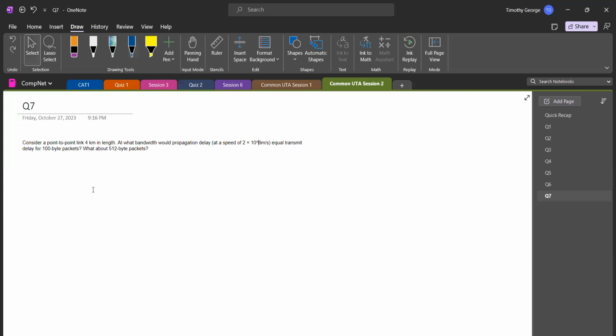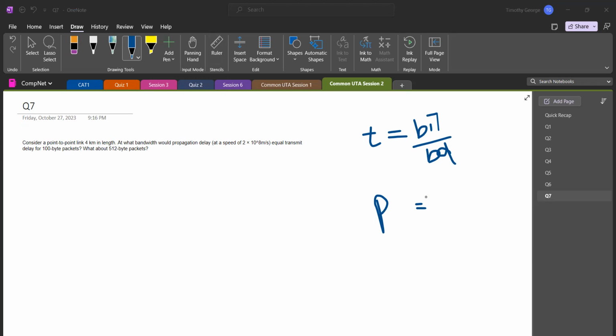So let's recap what we had done. Even in the previous session, we did a similar question. What exactly is transmission delay? You have the number of bits and you have the bandwidth, so I'm just going to write bits over BW.